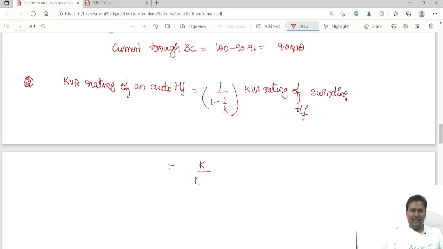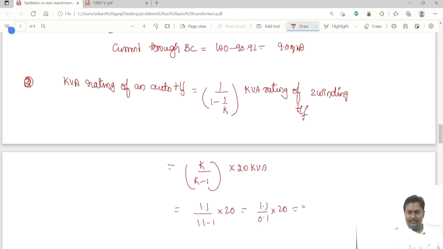So this is K by K minus 1 into 20 kVA. K is 1.1 divided by 1.1 minus 1 into 20. So 1.1 by 0.1 into 20 should be equal to 220 kVA.